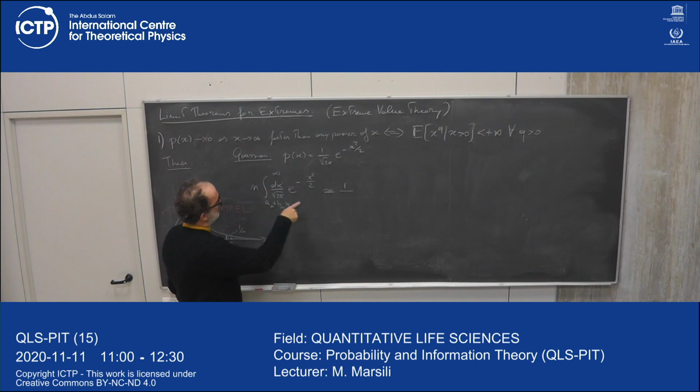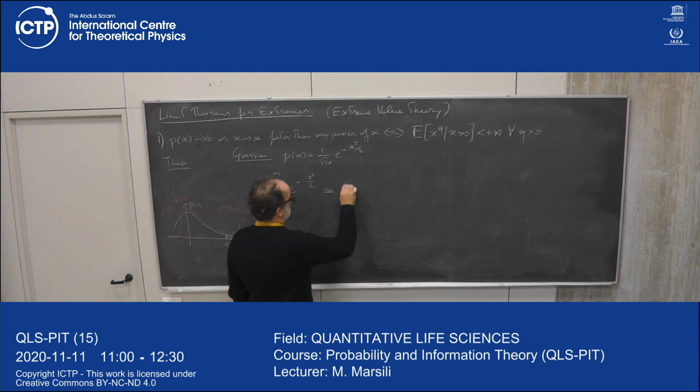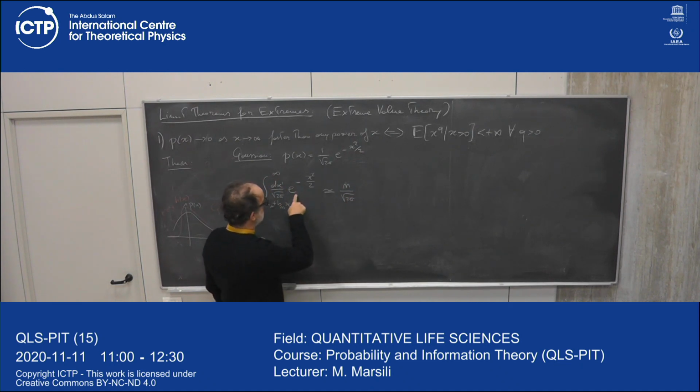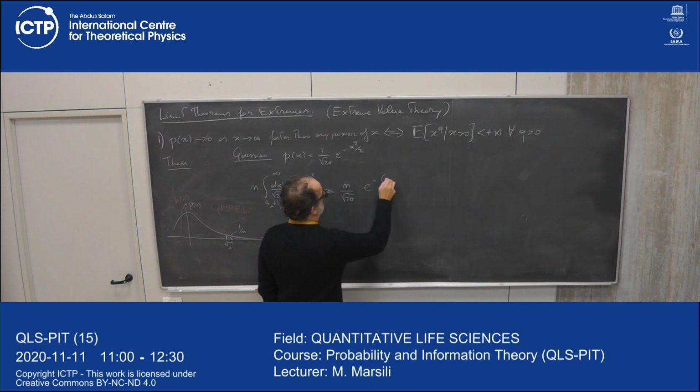Then I can use the asymptotic expansion of this integral when the lower limit of integration is very large, that we have discussed several times. So this is n over square root 2 pi, times e to the minus an plus bnx squared over 2, divided by an plus bnx.